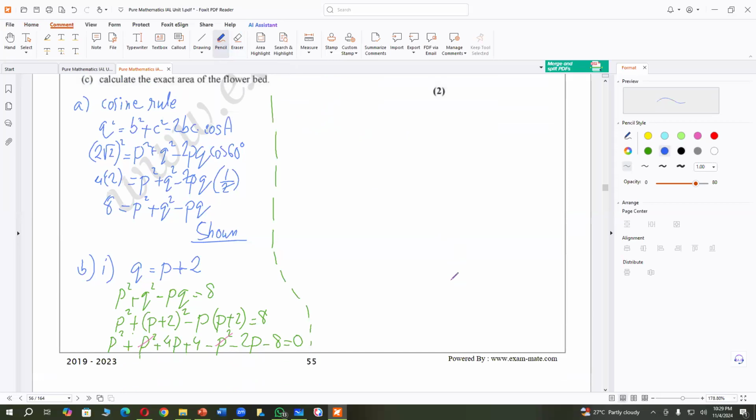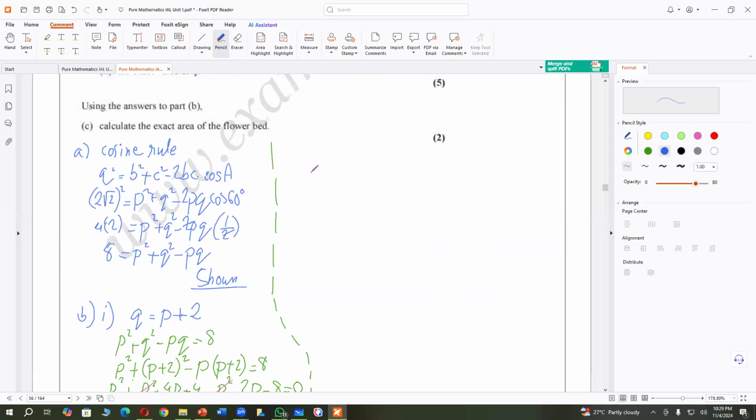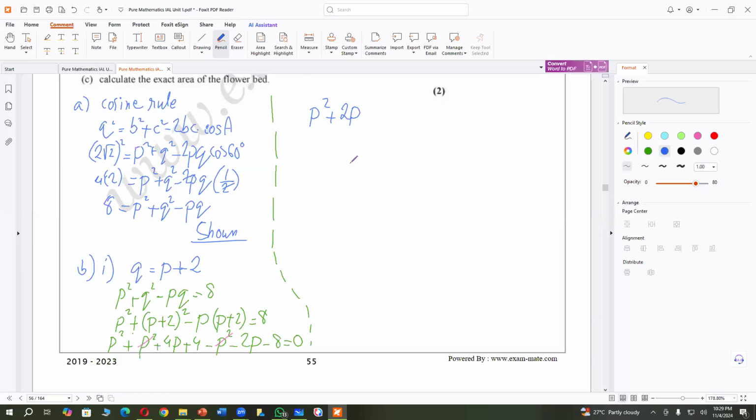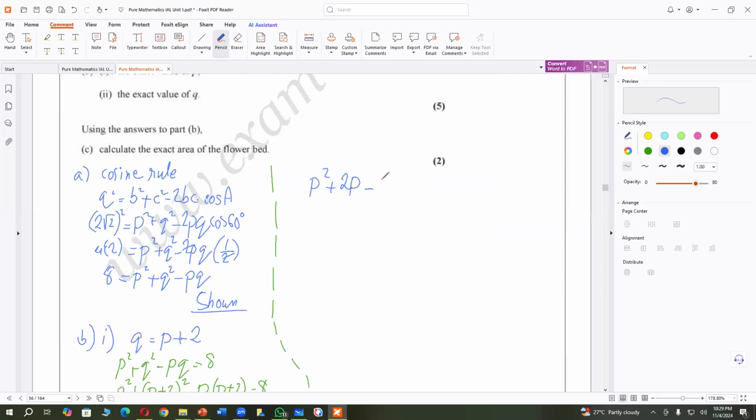So P square plus 2P minus 4. So did you solve this equation? Yes.